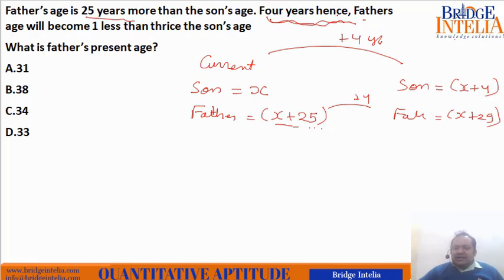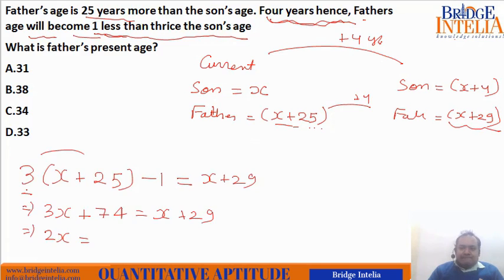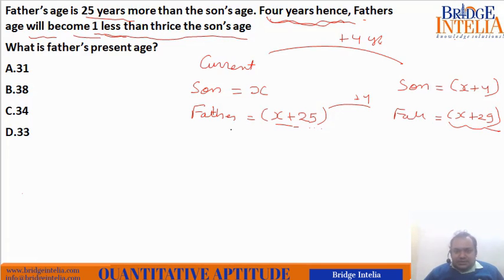4 years later, father's age will become 1 less than thrice the son's age. So 4 years hence, father's age will become 1 less than thrice the son's age. So 4 years later, we can compare these two.